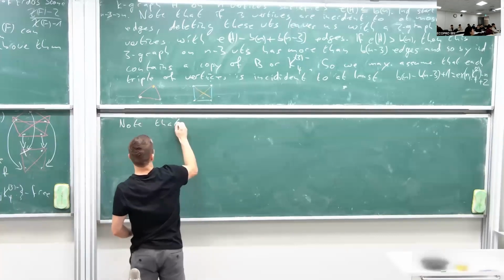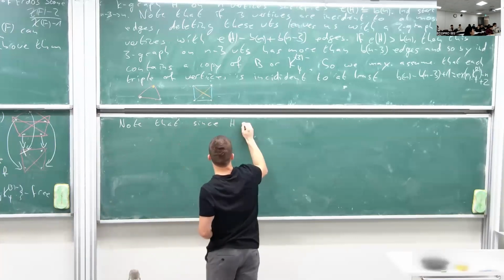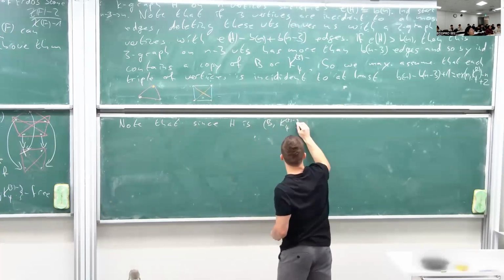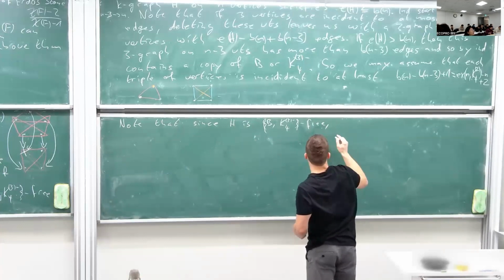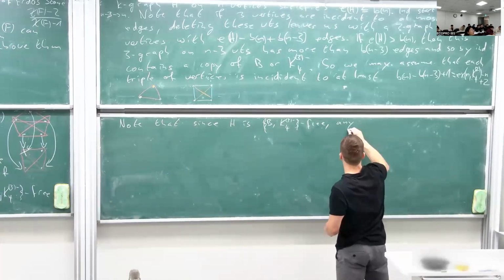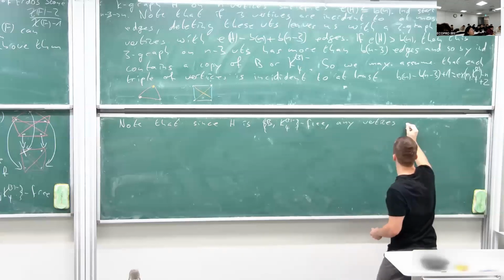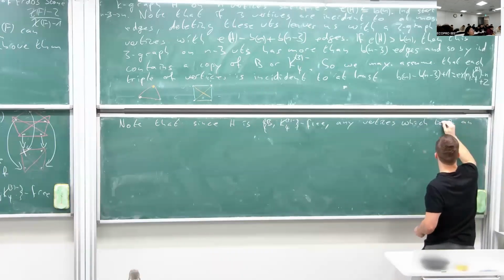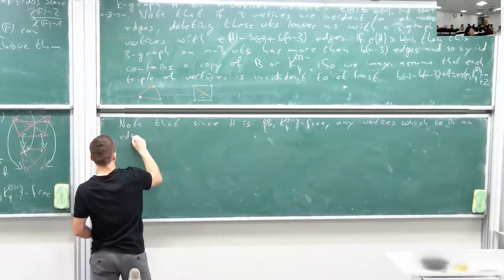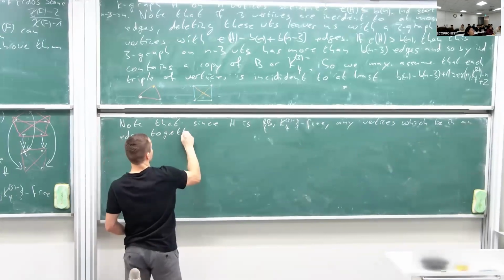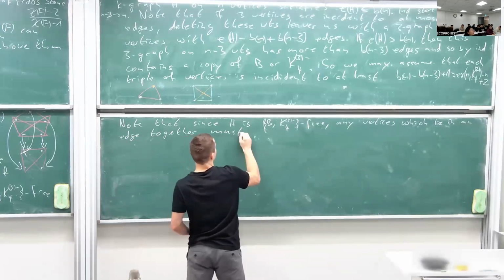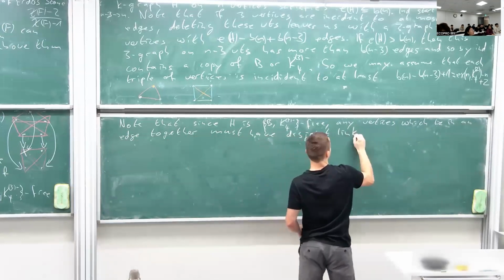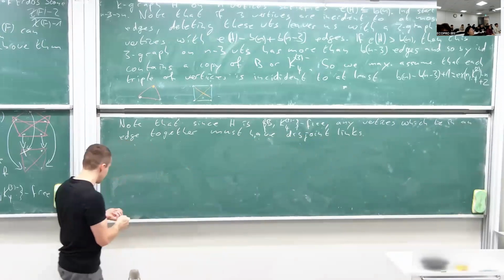Note that since H is K4 minus free, any 2 vertices which lie in an edge together have disjoint links. Why is that?